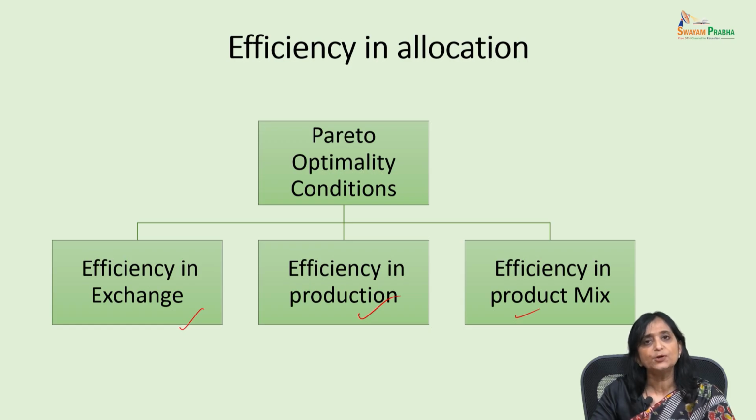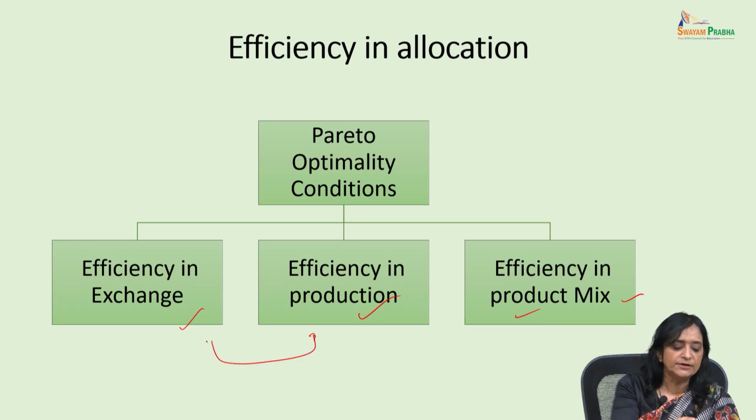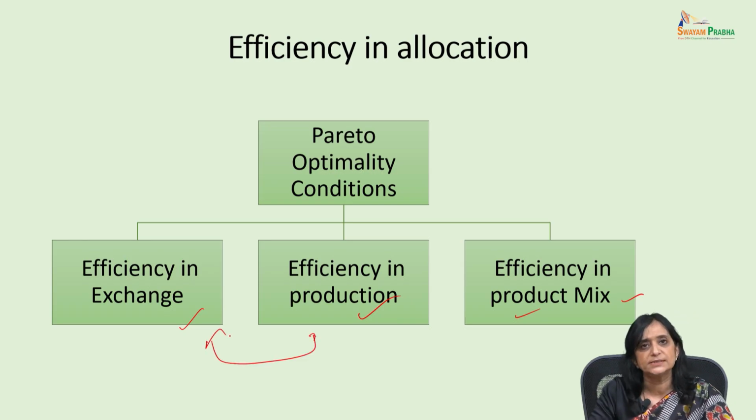That is, Pareto optimality requires that it is not only that we allocate goods efficiently in the consumer market. It is equally important that we see how we can allocate the factor inputs efficiently amongst the producers of those goods. And then there is the efficiency in product mix, which is basically integrating the first two efficiencies.